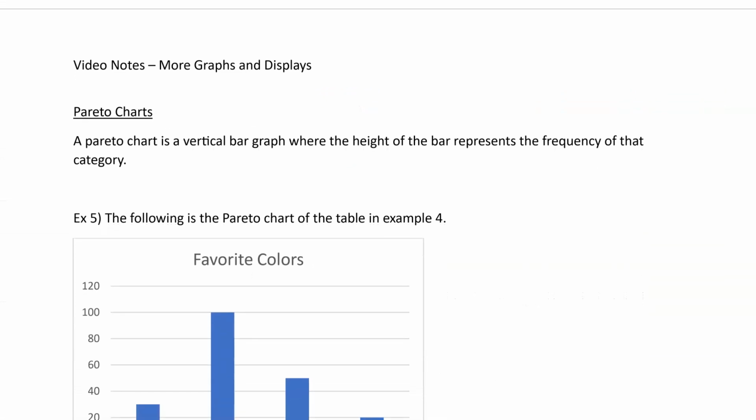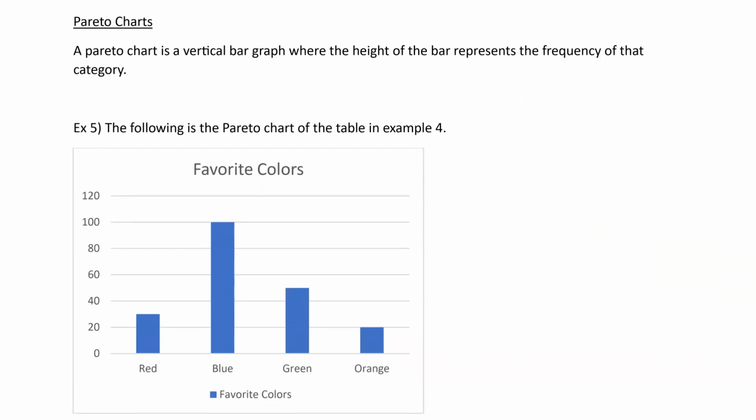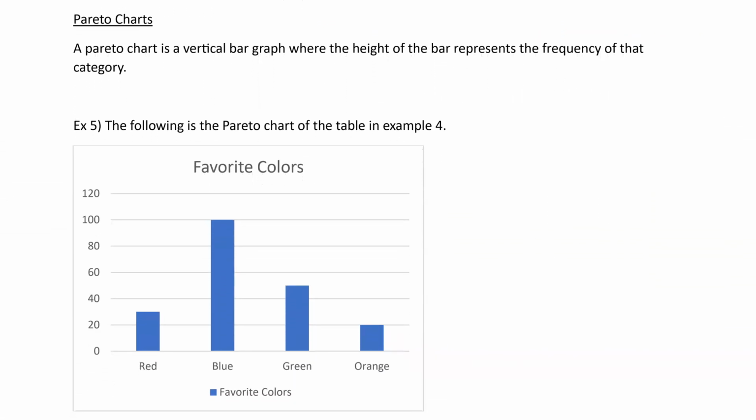All right, moving on to some more graphs. Our next one is called a Pareto chart, and it's essentially just a vertical bar graph where the height of the bar represents the frequency of that category. So bar graphs are something that most of you are probably familiar with. This is just a fancy name for that.